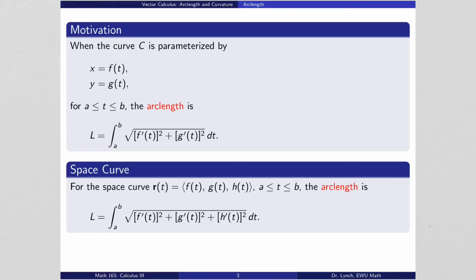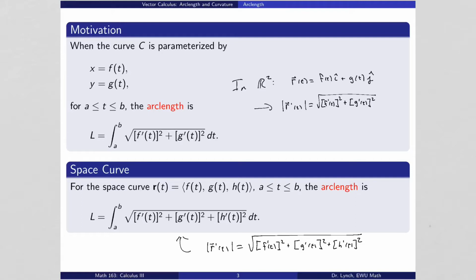Now, I'll point out that in both these cases, those integrals look like the integral of the length of a vector. In both cases, in the parameterization in R2 and in R3, the integrand turns out to be the magnitude or length of that vector that gives you the space curve. So that's how we express our arc length generally now that we know about vector valued functions.